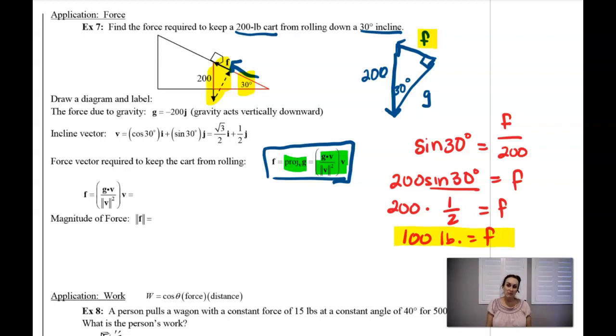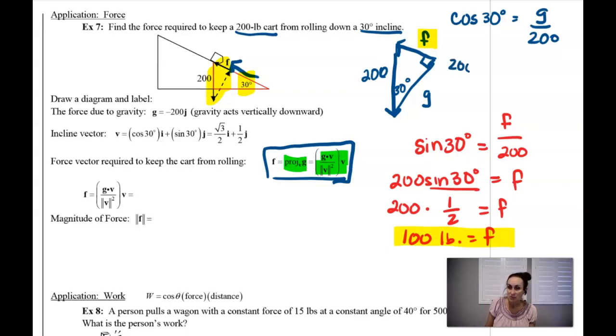Now, if I were looking for what the gravity vector is, then I could simply use cosine, because in comparison to this 30 degrees, this would be the adjacent side. So I could do the cosine of 30 degrees is equal to G over 200. And then I could go from there. The cosine of 30 degrees is √3/2.